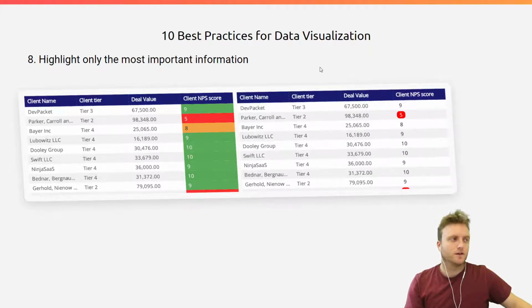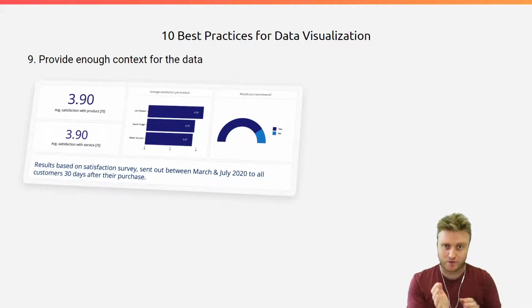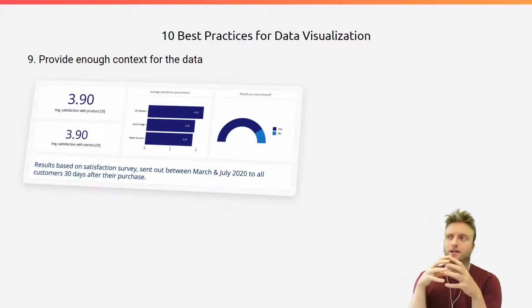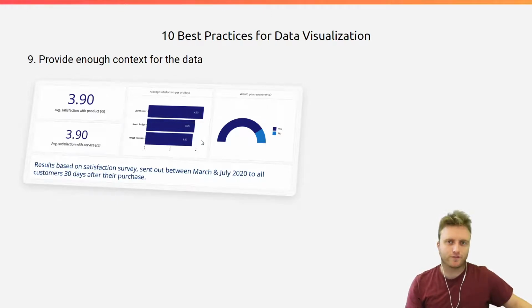That's the 8th. Number 9 is providing enough possibilities for context, so that there are titles present, for example average satisfaction per product, and that you also have a text object that can help you out.